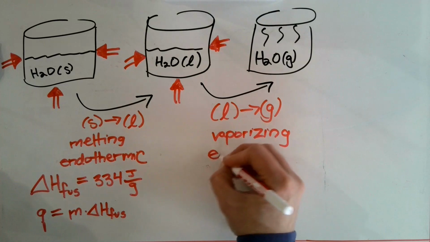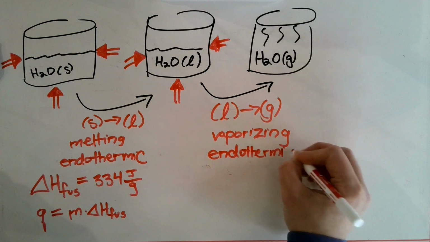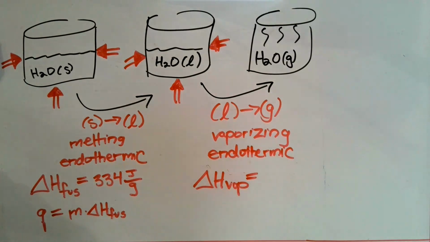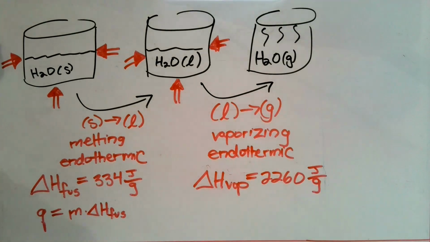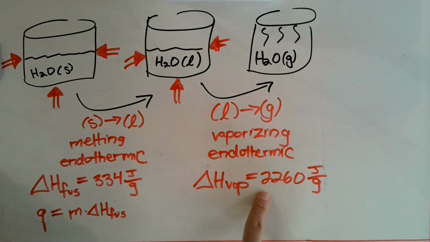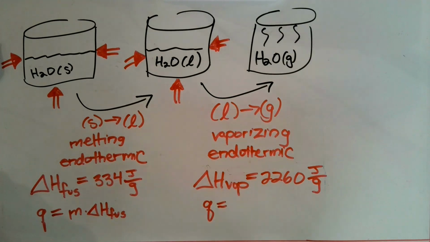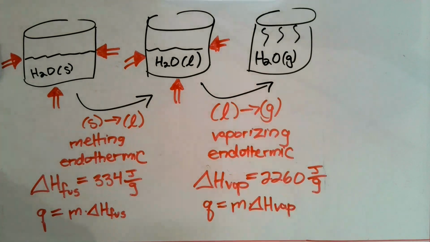And again, it's endothermic because the heat is flowing into the system. And we call that the heat of vaporization. The heat of vaporization for water is relatively high. It is 2260 joules per gram. So what does that mean? If I had 1 gram of liquid water and I wanted to vaporize it, the amount of energy I would need to do that would be 2,260 joules. So when you calculate Q for the heat of vaporization, you need to use this equation.